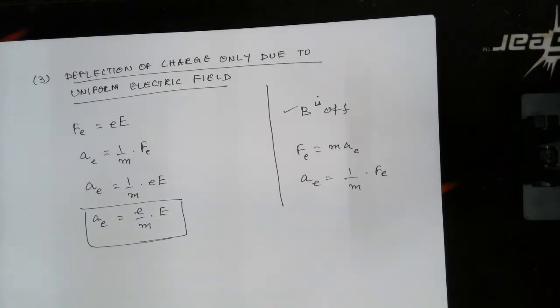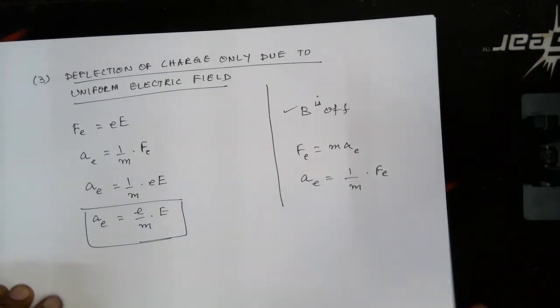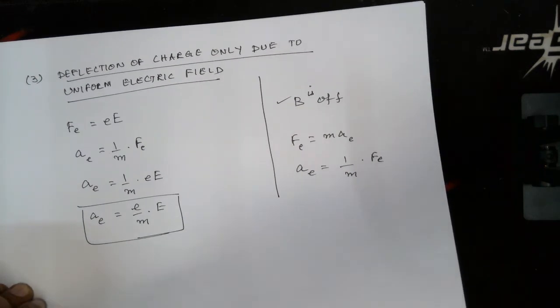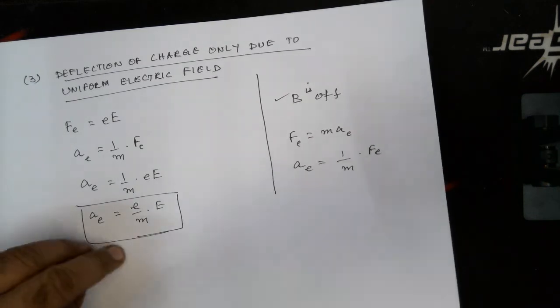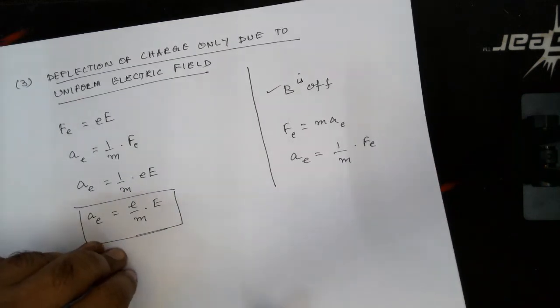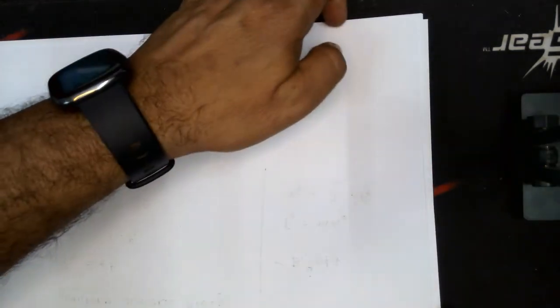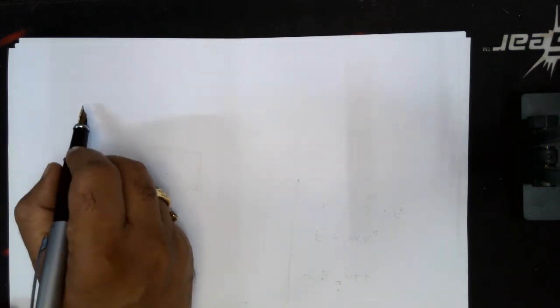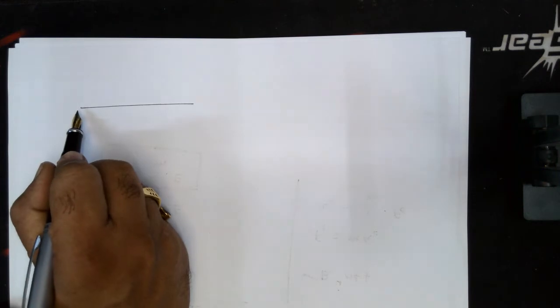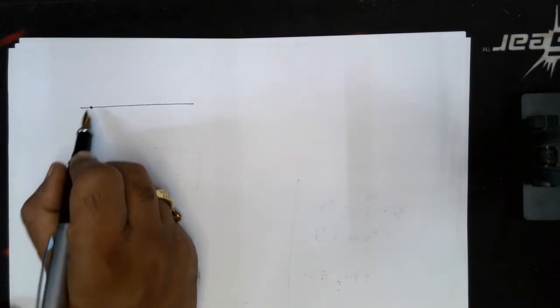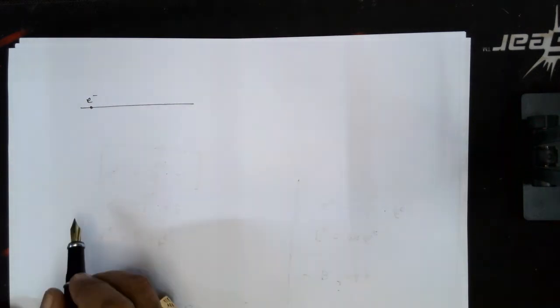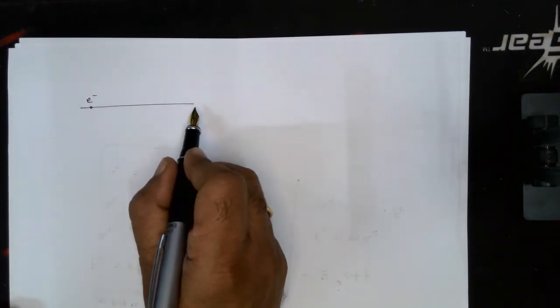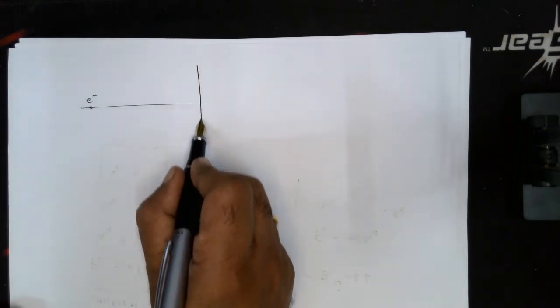Let us study the deviation of path by applying the uniform electric field. This is the electron, the straight path of electron, where we have kept the screen.